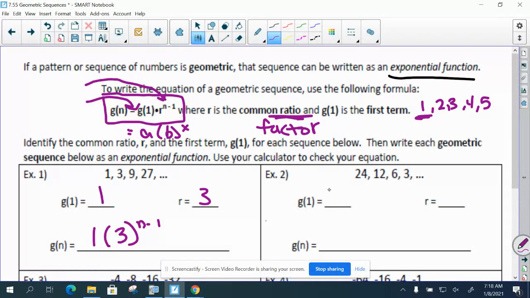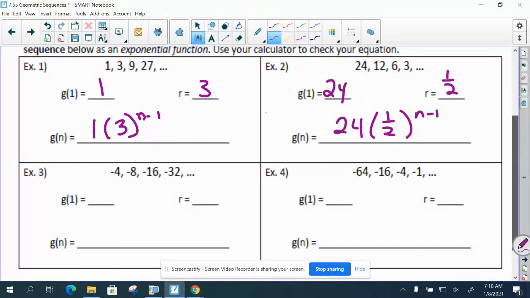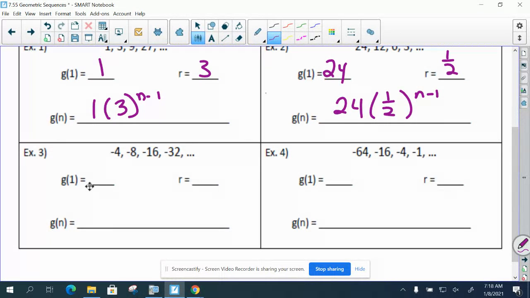Next, g of 1 would be 24 and we're multiplying by 1/2, so g of n would be 24 times 1/2 to the n minus 1. Number 3, your first term is -4 and the r value is 2, so g of n would be -4 times 2 to the n minus 1.